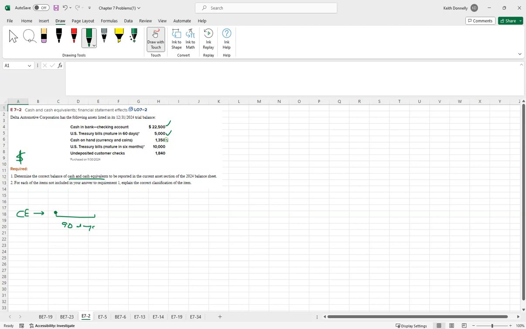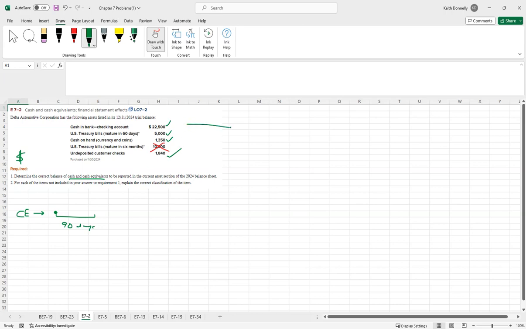Cash on hand, that counts. U.S. Treasury bills that mature in 6 months that were purchased on 11/30 don't have an original maturity of 90 days, or 3 months, so this one we're not going to count. And then the undeposited customer checks, yeah, we could cash that in right now.